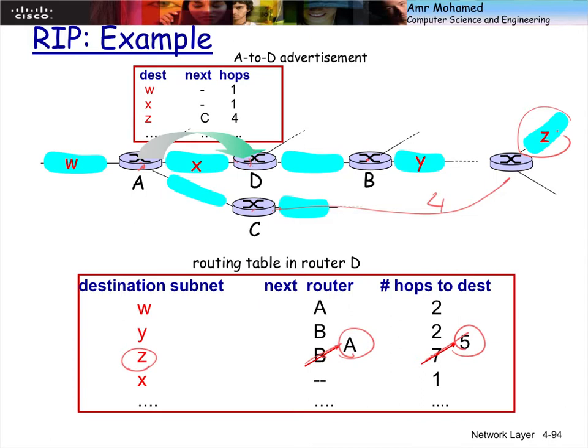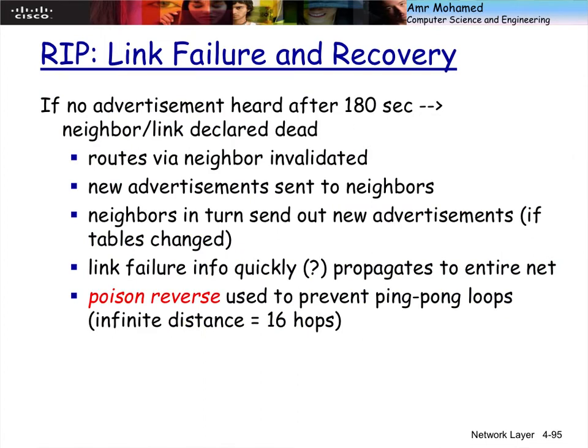Of course, we talked about the possible issues related to count to infinity and so on, and we have an approach to solve it, which is poison reverse. In case of failure or some change of lengths, as we said, if no advertisement is heard, we assume that we receive route updates from the nodes next to me every 30 seconds.